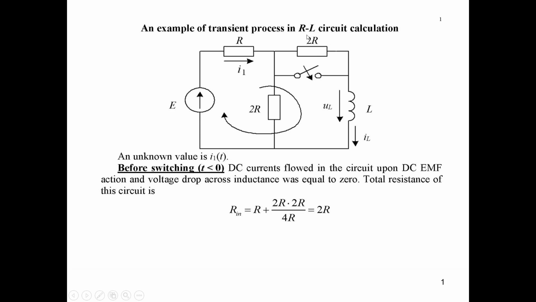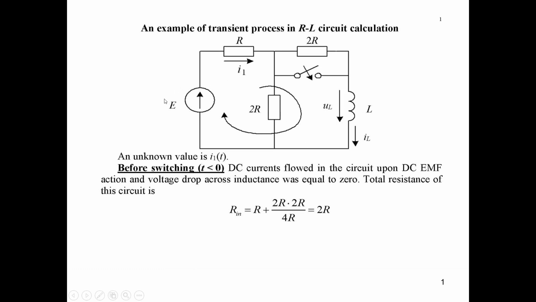For this schematic the 2R will not appear at all because it will be short-circuited after commutation, but this 2R will appear for the moment t greater than 0, when transient processes occur, because only in steady-state DC processes it will be fully, totally short-circuited, not during the transition process.